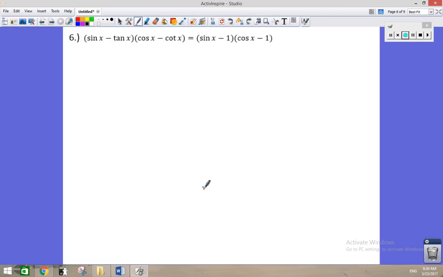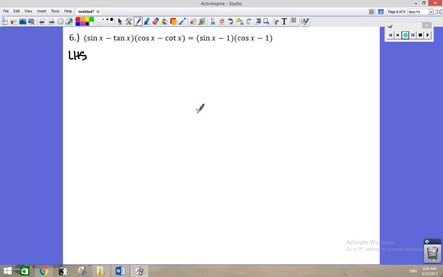Again, what do you want to call the more complicated? Well, I would call the more complicated the binomial times a binomial. All right. So let's start with this left-hand side and simply multiply these together, because I really don't see what else to do. But I do kind of see this tangent of x and cotangent of x.